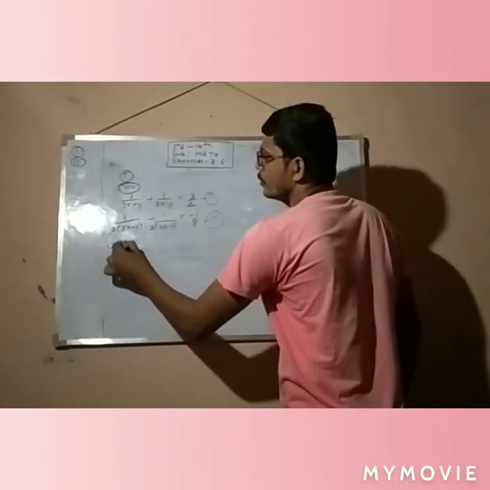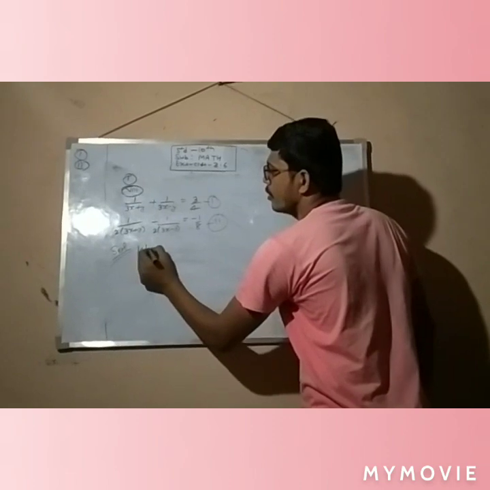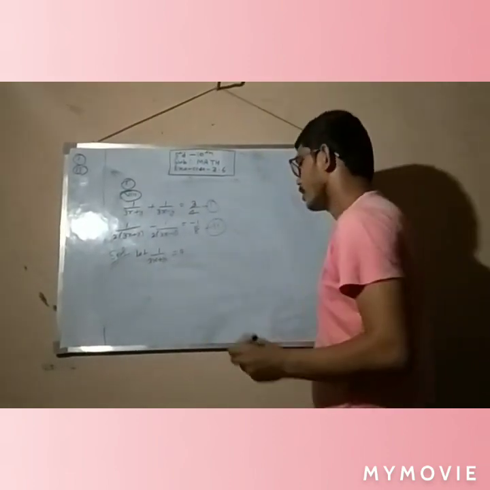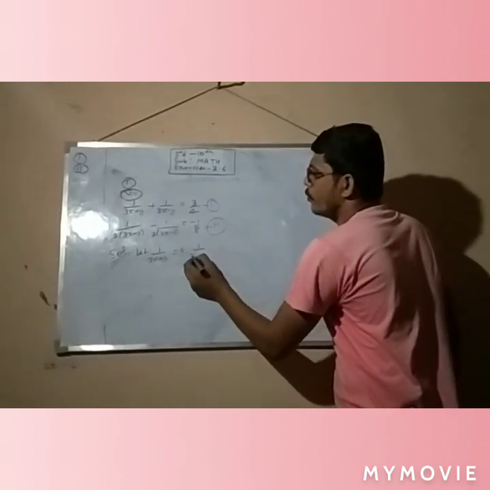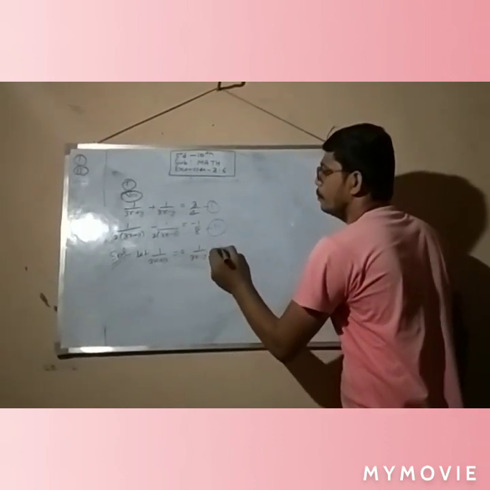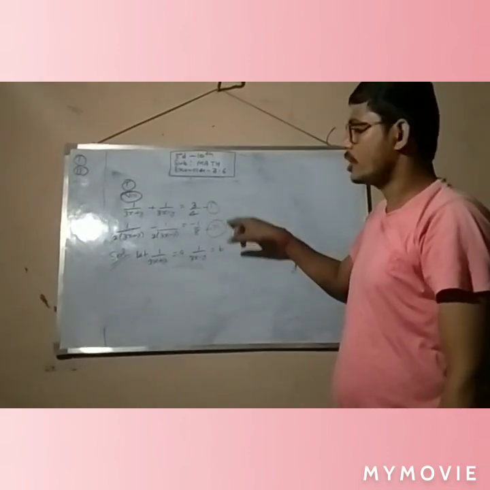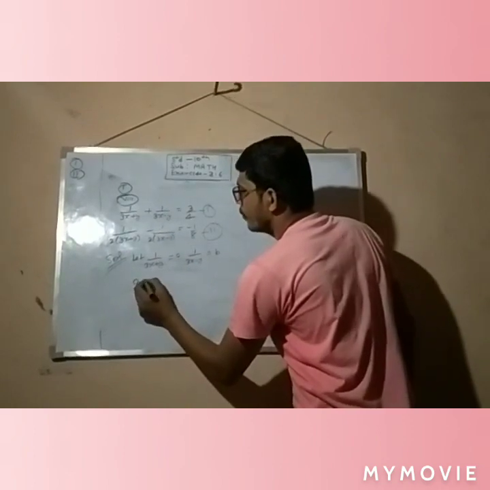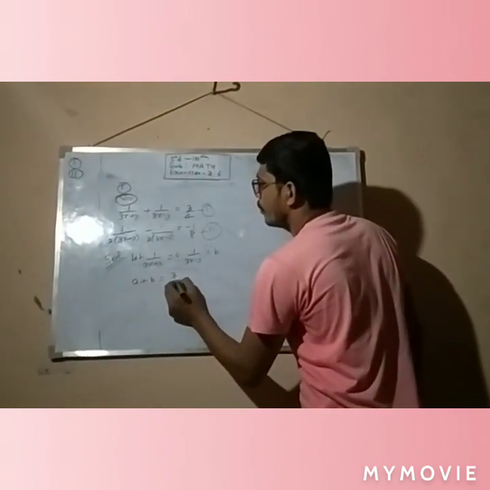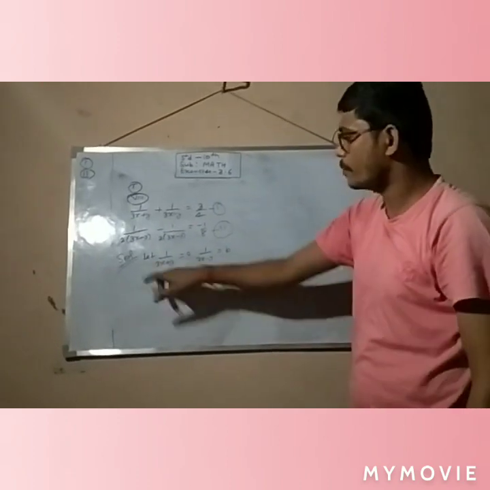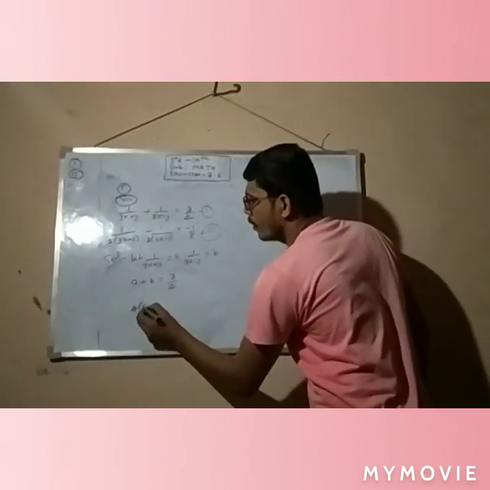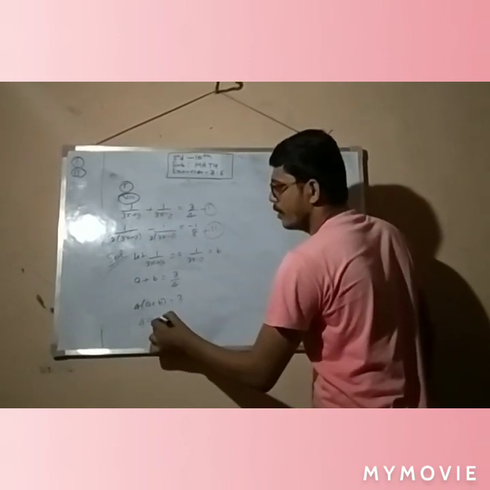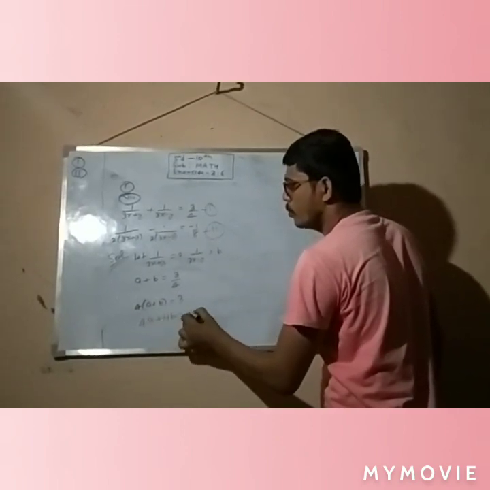Now the solution. Let 1 upon 3x + y be equal to a and 1 upon 3x - y be equal to b. Put in equation number 1 and 2. So a + b is equal to 3 upon 4. Cross multiply, then 4a + 4b is equal to 3.